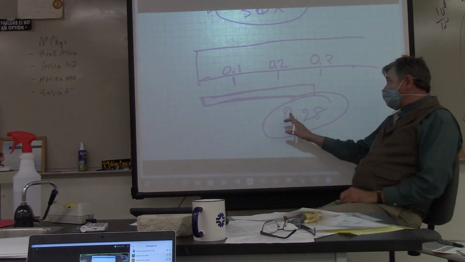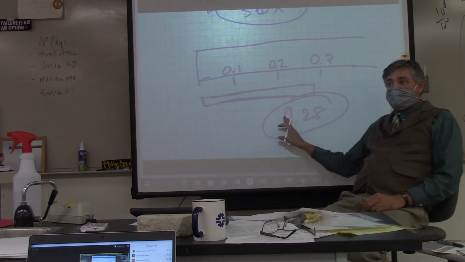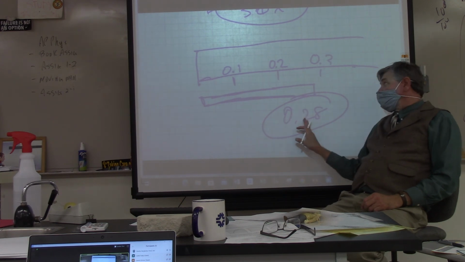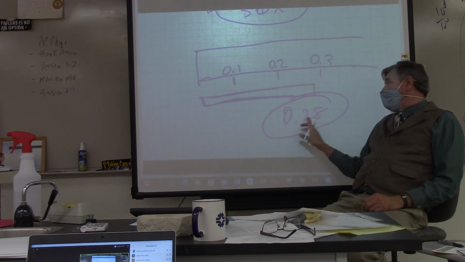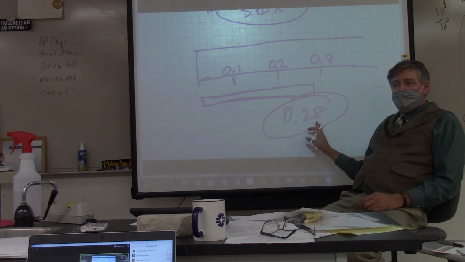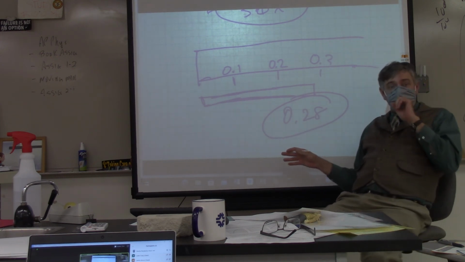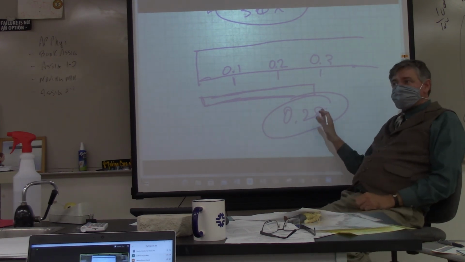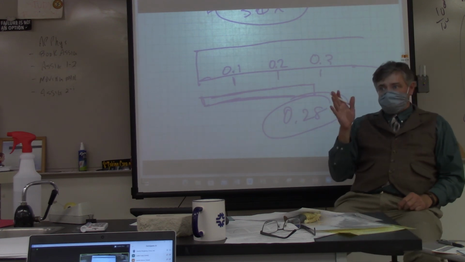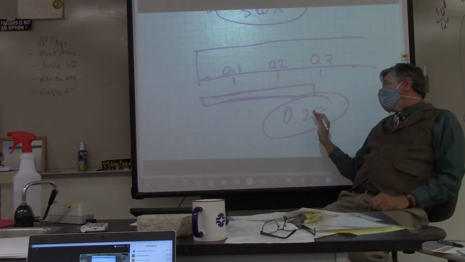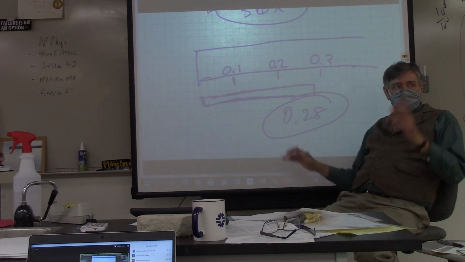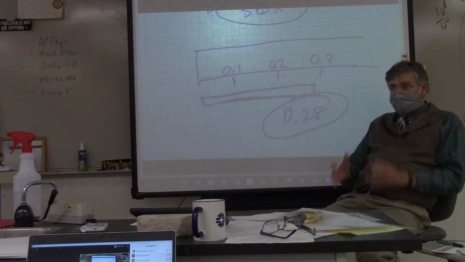So here's the deal. Are you certain that that 0 is correct? Yeah. Are you certain that the 2 is correct? Yeah. What about the 8? No. That's your guess. So when you look at a measurement, the last digit is where your uncertainty is. That's a guess. Your first digits are known, whether that's a digital scale or something you guys are going to measure.